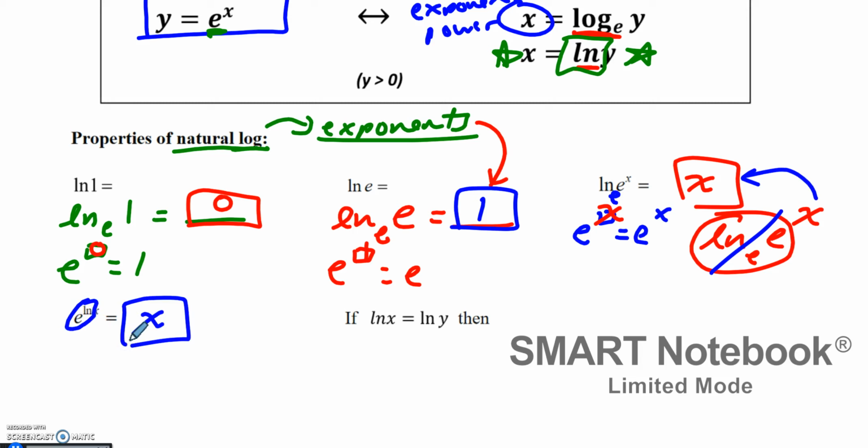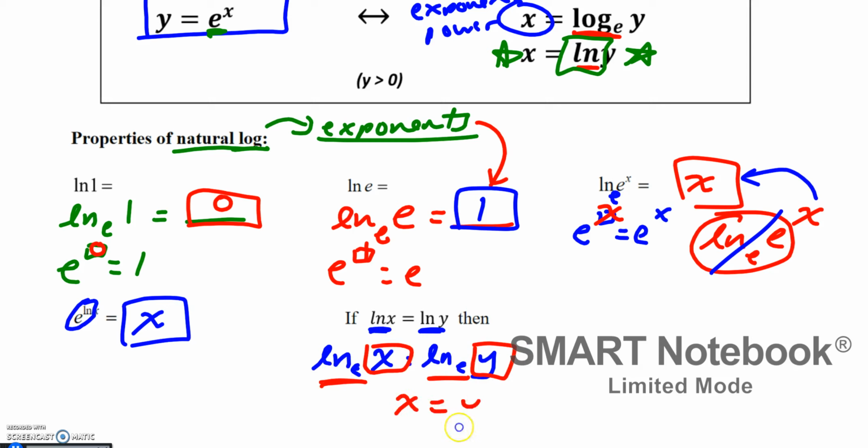And lastly, also just like log base 10, if you have the natural log of x equals the natural log of y, you're really saying log base e of x equals log base e of y. They have the same base on both sides, which means that the arguments here, or the values, must be equal. So x equals y.